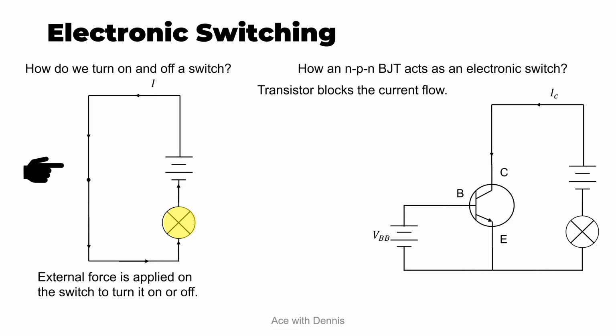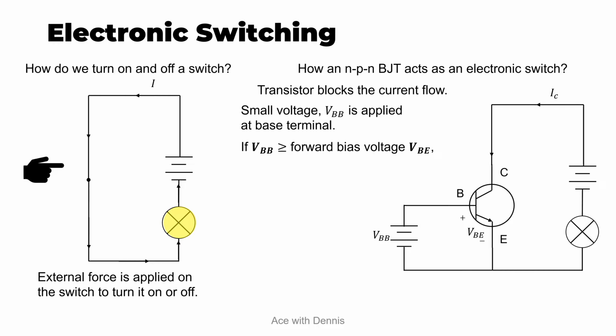Now, to turn on this transistor, first a small voltage VBB is applied at the base terminal, and if the VBB is greater than or equal to the forward bias voltage VBE, then a current can flow into the base terminal. So this current is IB, and when it flows into the transistor, it will turn on the transistor. Then the current flowing out from the emitter, IE, will be equal to IC plus IB.